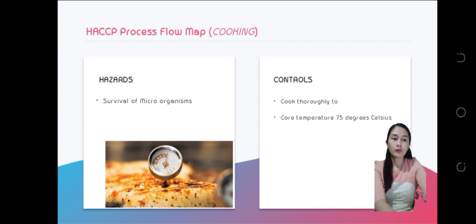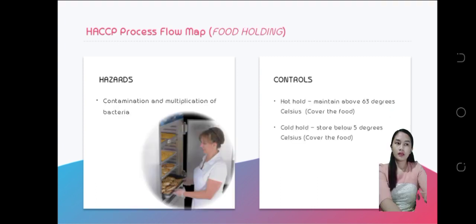So, we will achieve this by controlling the cooking process. In the food holding process, the hazards are contamination and multiplication of bacteria. Of course, present ang hazard sa food holding kay mag-contaminate ang food, then mag-multiply ang bacteria because gina-hold man ang food.